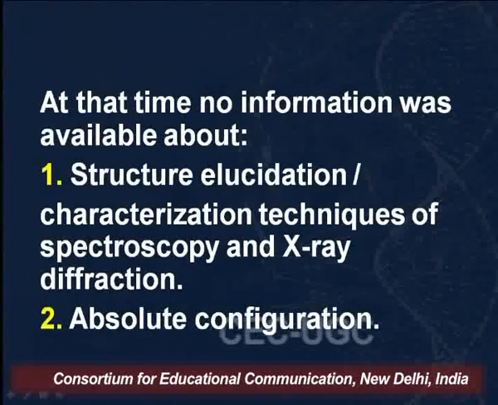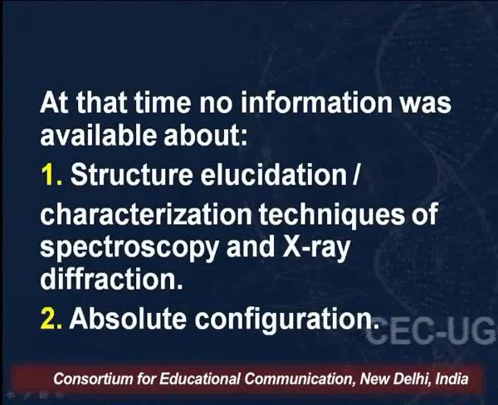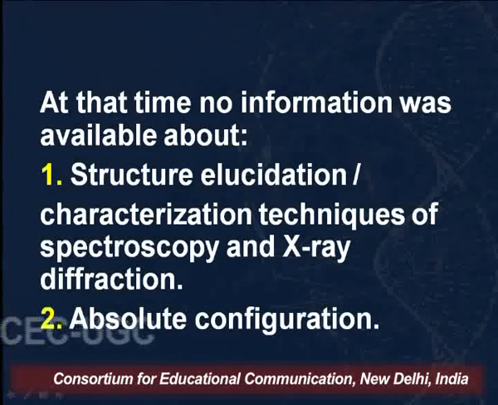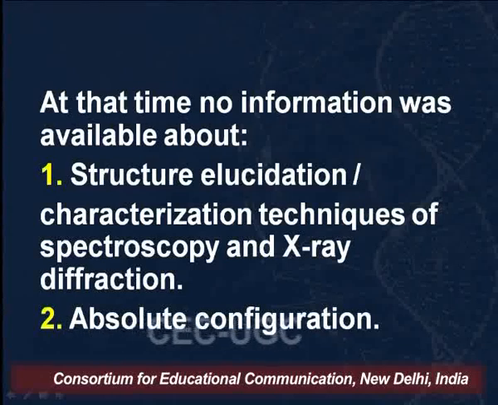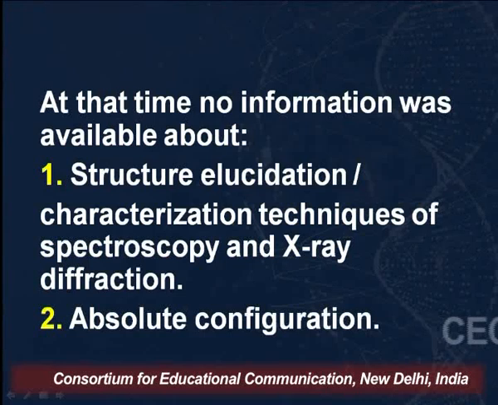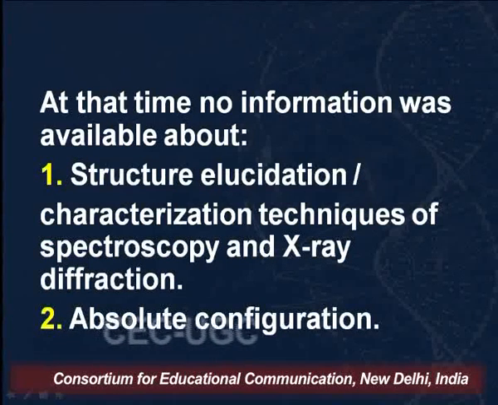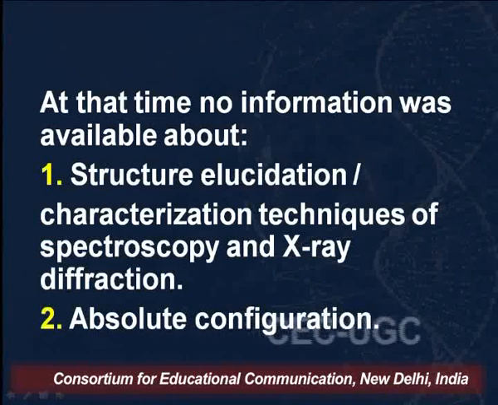Imagine, in 1888 there was no information available about how he could elucidate the structure of a molecule, because at that time no modern techniques of spectroscopy and X-ray diffraction were known.